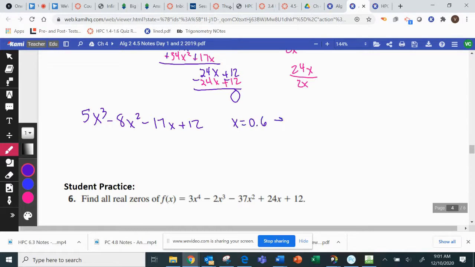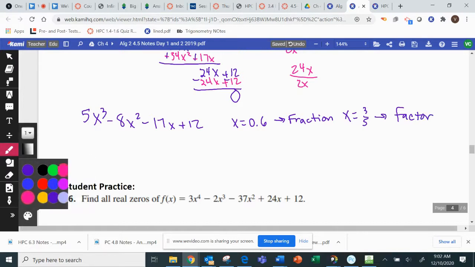So I'm going to write that as a fraction. So x equals, what is 0.6 as a fraction? Tessa? 3/5, perfect. Okay, then we need to make it into a factor. So to make it into a factor, you're going to multiply both sides by that denominator.